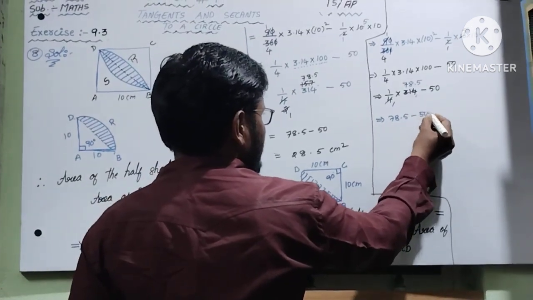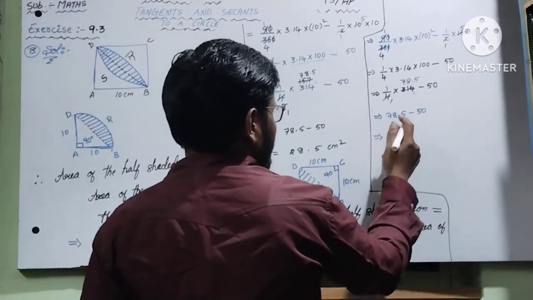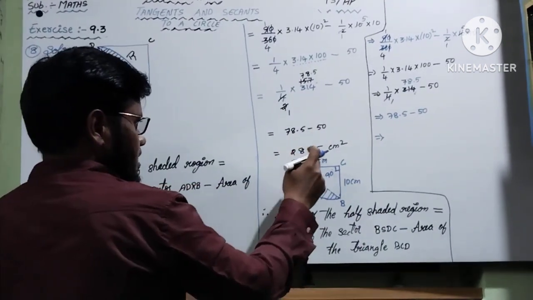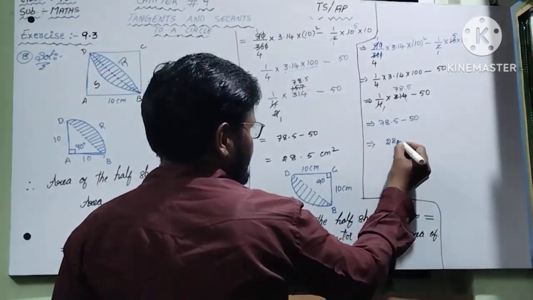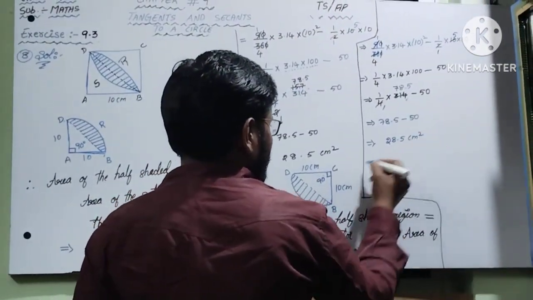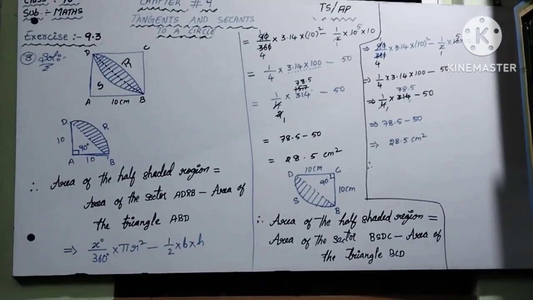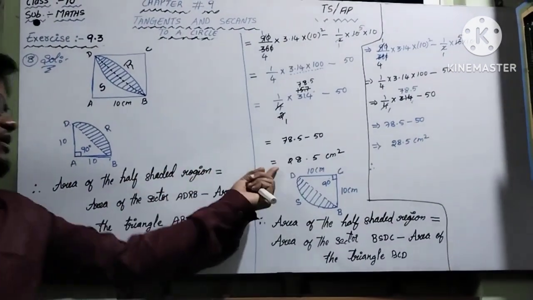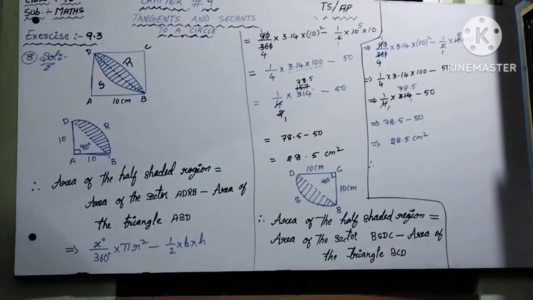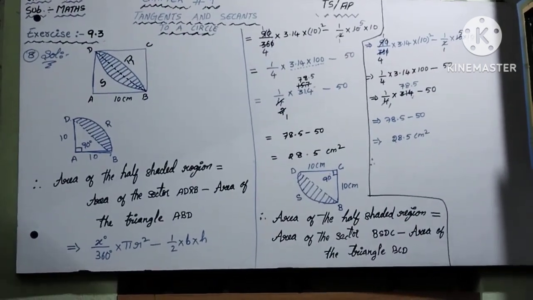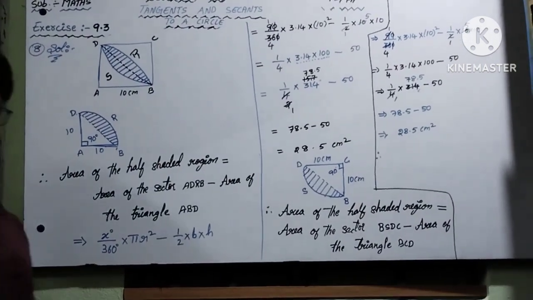The next step, 78.5 minus 50. How much is remaining here? 28.5 square centimeters. Now I want the area of the complete shaded region. Here half I got, there half I got. Add this half of the shaded region to the other half, then you will get the complete shaded region.